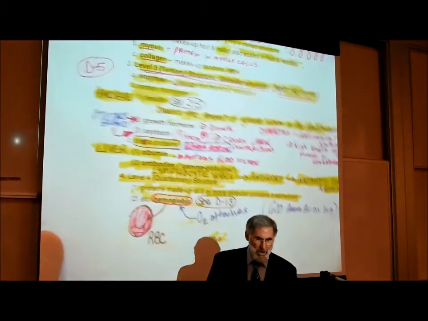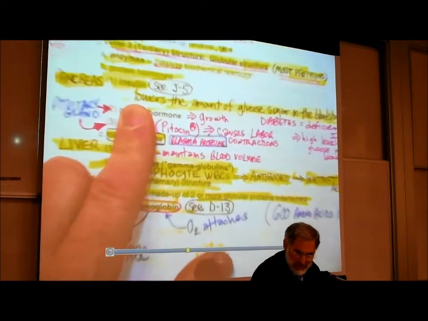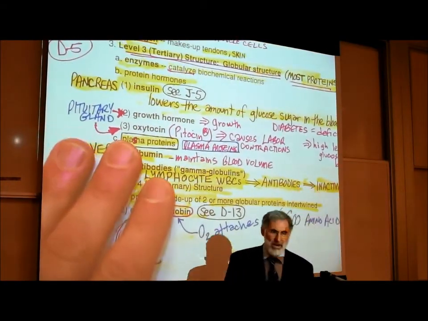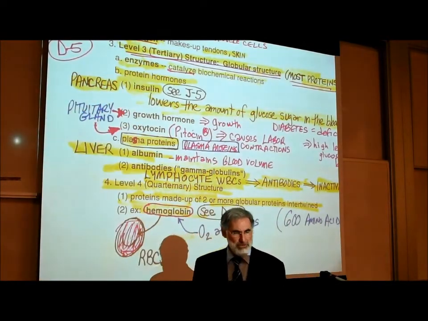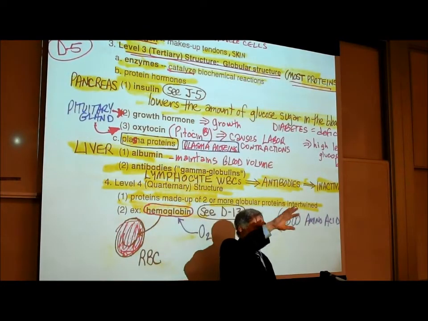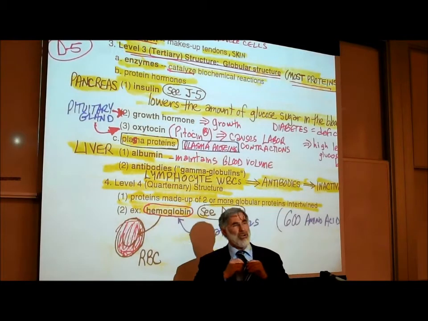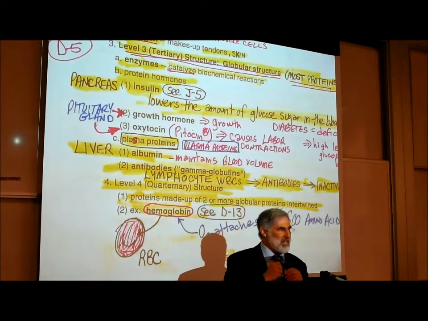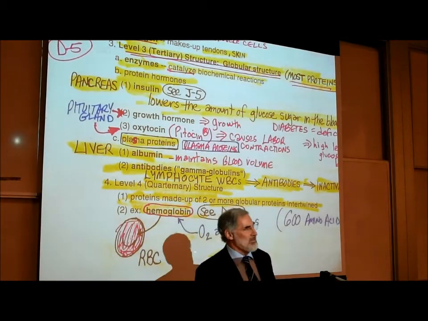So, the first one we've listed is insulin. Everybody's heard of insulin. What is it? Insulin is produced by our pancreas. Now we've looked at J5 before, so I'm not going to take time to look at that picture of the digestive system on J5, but that had a picture showing where the stomach is, and where the liver is, and where the gallbladder is, and where the pancreas is, and where the duodenum is.